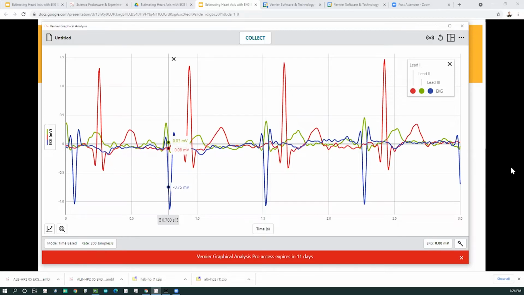When I got my report back, I checked, I thought, oh, how close are we? And I think my actual heart axis is more like 58, 59, but I thought it was really cool that it's really close to the 60 that we estimated. So again, ours is not diagnostic, but it does get you in the ballpark of estimating roughly where the heart axis is on a subject.